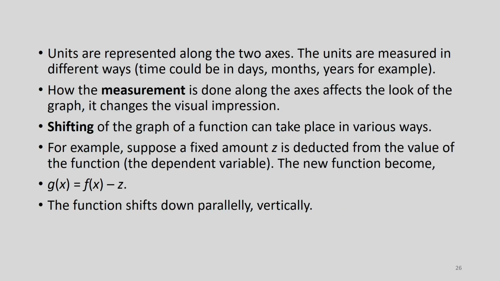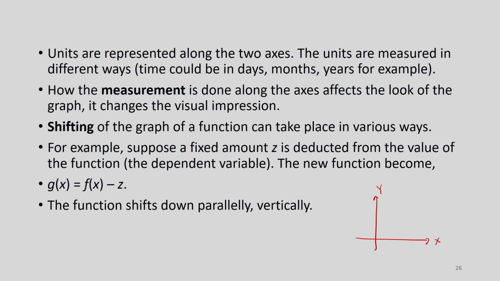Next, we come to measurement. Units are represented along the 2 axes. If you think about the Cartesian coordinate system, you have x measured along this axis and y measured along the vertical axis. Now, when something is measured, obviously, there are some units along these 2 axes. The units are measured in different ways.